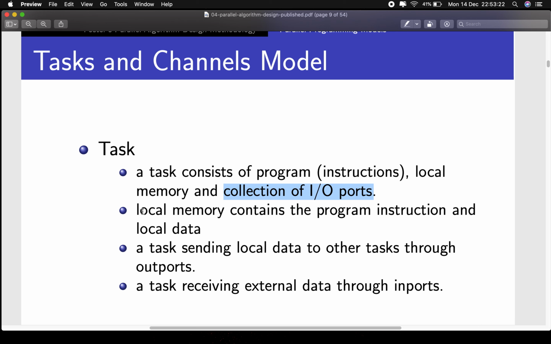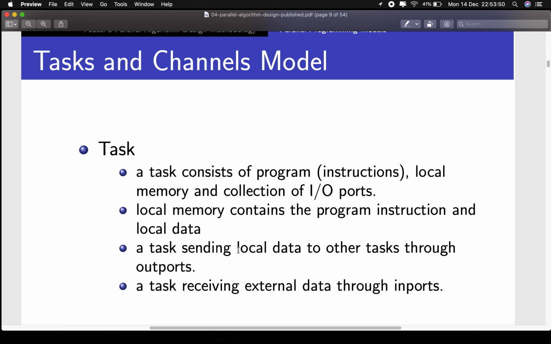A task also has local memory containing the program instruction and also local data. A task sends local data to other tasks through output. From here, let's say you give the instruction to eject your USB.